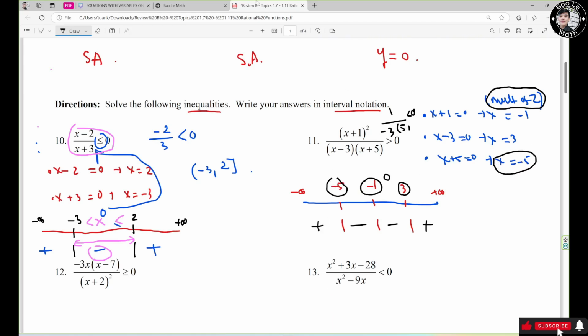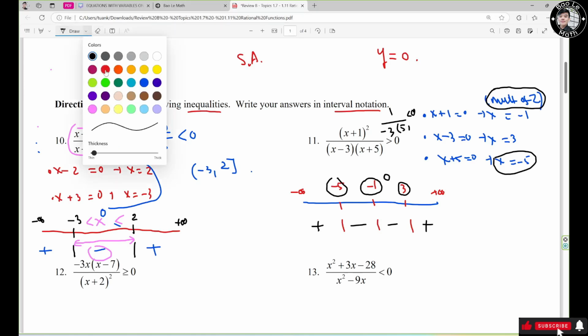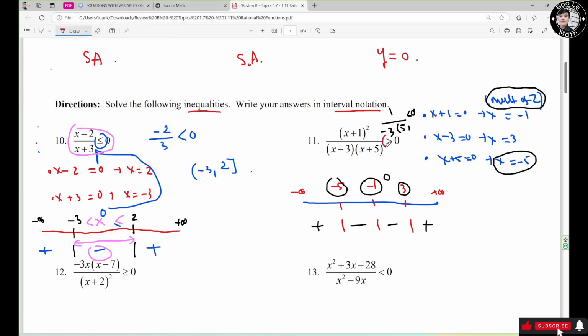Now finally I need to find the interval where the inequality is greater than 0. I don't include the endpoints. So greater than 0 is this part right here and this part right here, because this is positive and this is positive. So s is greater than 3 and less than infinity, and s is greater than negative infinity and less than negative 5.